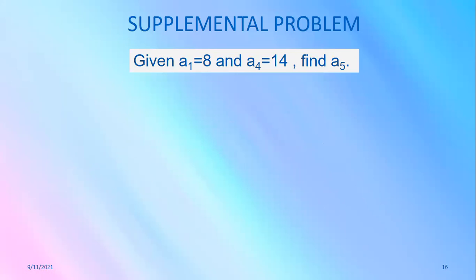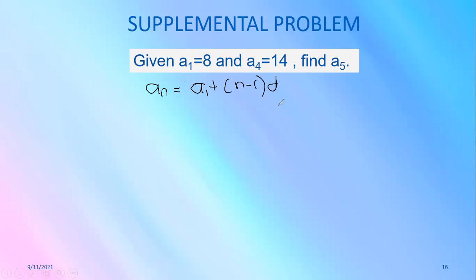Okay, so you're given a sub 1, which is equal to 8, and a sub 4, which is equal to 14. You're asked for a sub 5. Okay, so let's answer this. We have the formula for the nth term of the sequence, which is equal to a sub 1 plus n minus 1 times d.